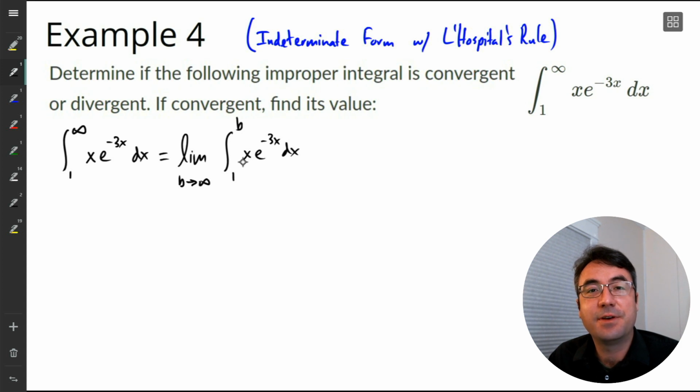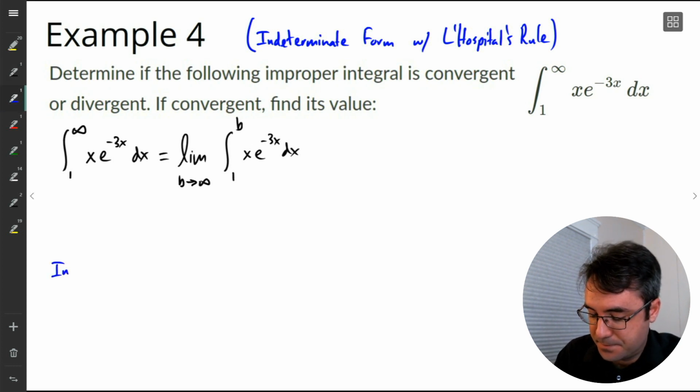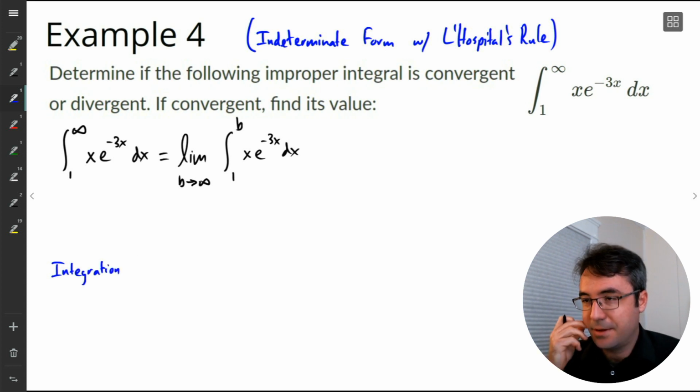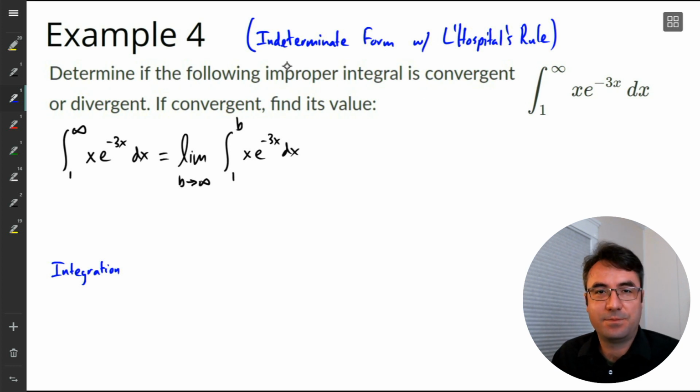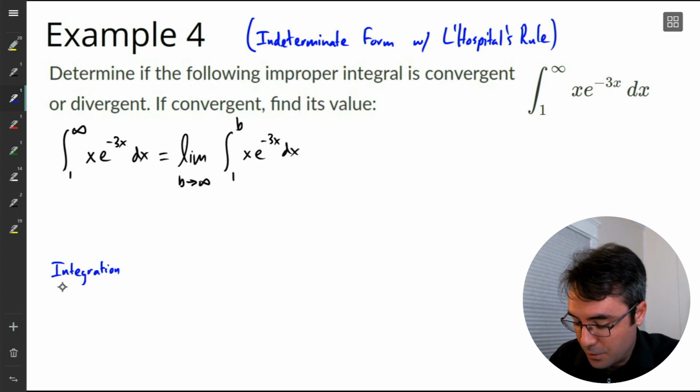It's a product of an algebraic function and an exponential function. We can actually use integration by parts to calculate this. So not only can we use all of our old limit techniques, but all of our integration techniques, we might need to break into those as well. So we're going to do integration by parts.